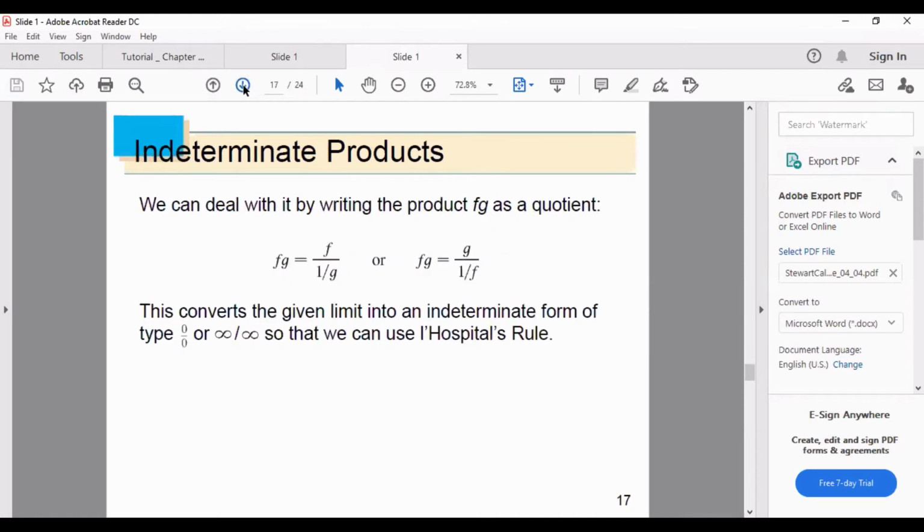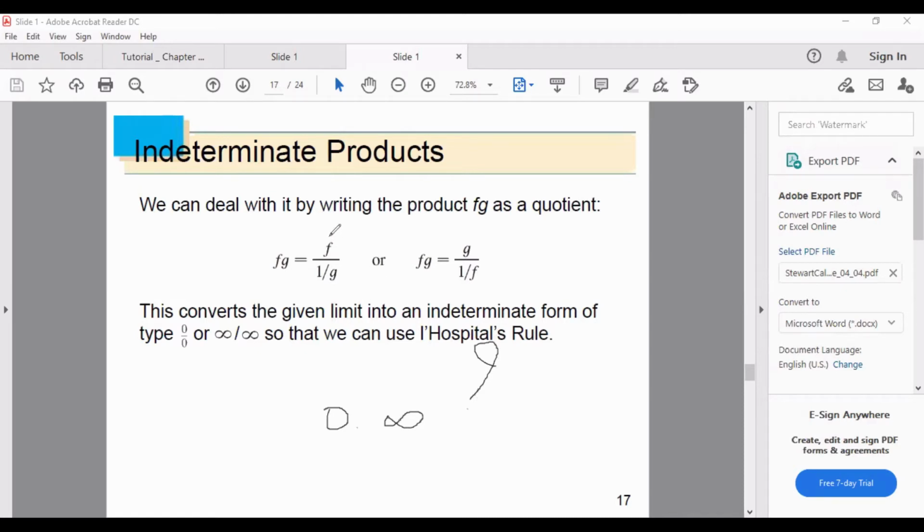As I said, sometimes we have a product, 0 times infinity. It's the product, okay? Then what do we have to do in order to apply L'Hospital's rule?